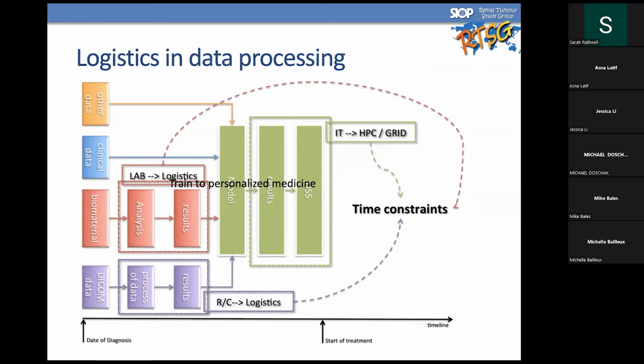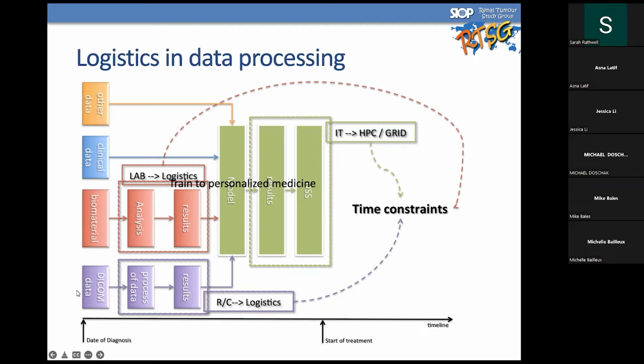And if you need a lot of data to build up the AI model, like imaging data, biomaterial to analyze, clinical data, and other data, there's a pre-processing of biomaterial and of imaging studies before they can go into the model. And then the model will predict you how to deal with the patient.